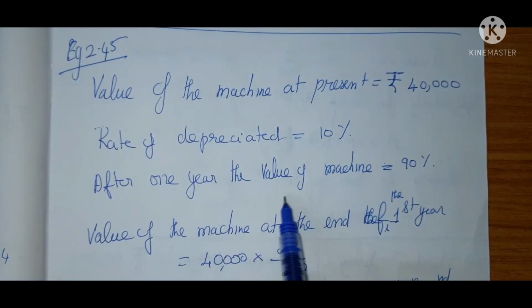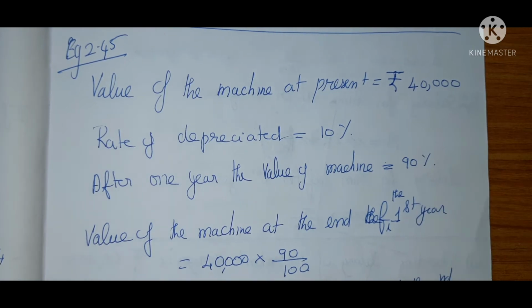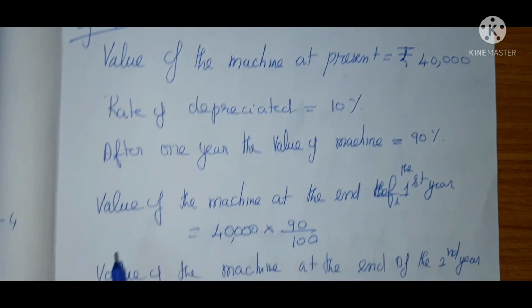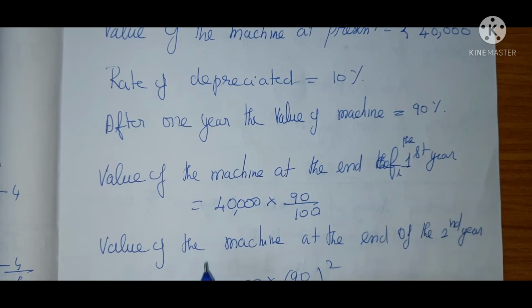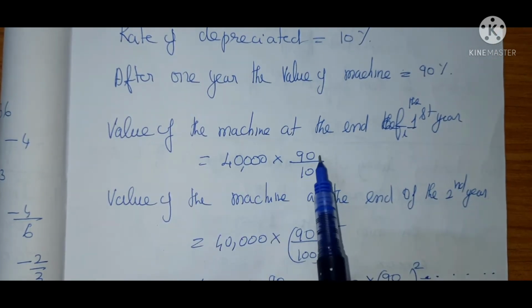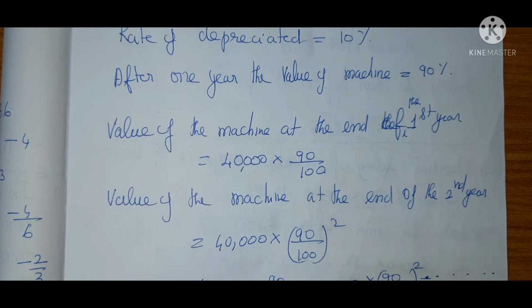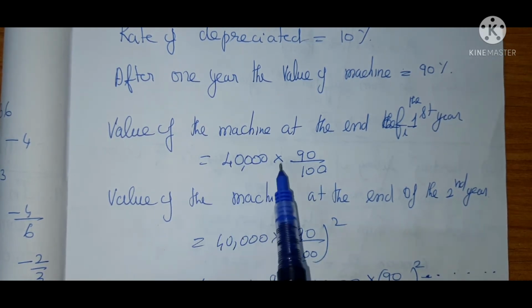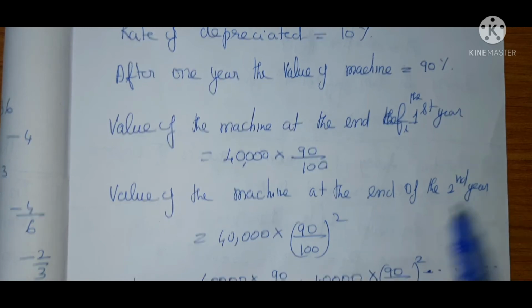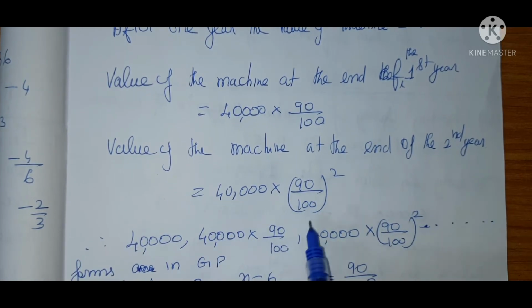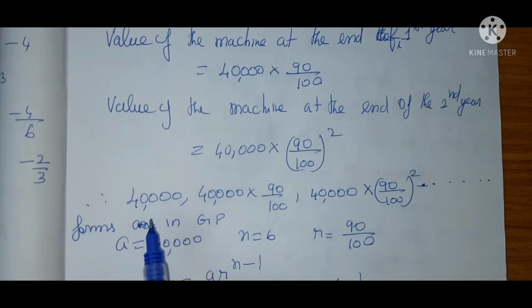After 1 year, the value of the machine is 90%. Value of the machine at the end of the first year is 40,000 into 90 by 100. Value at the end of the second year is 40,000 into 90 by 100 the whole square.